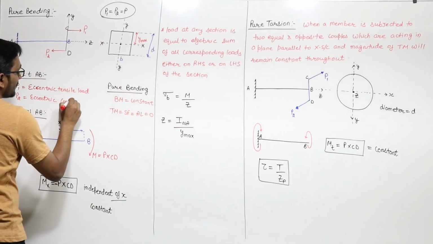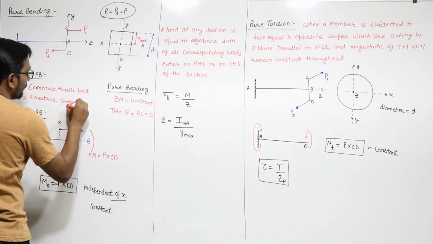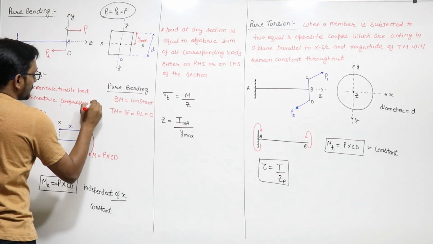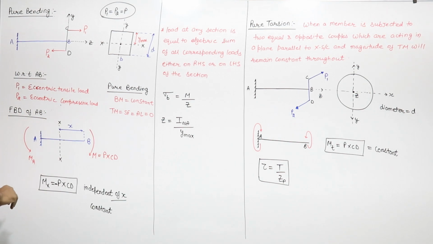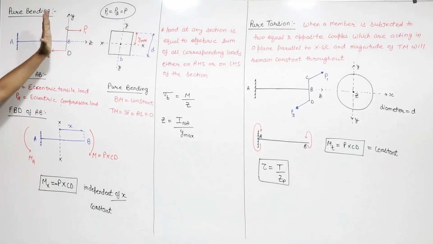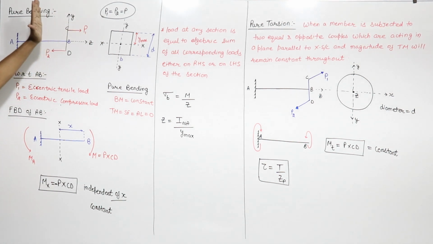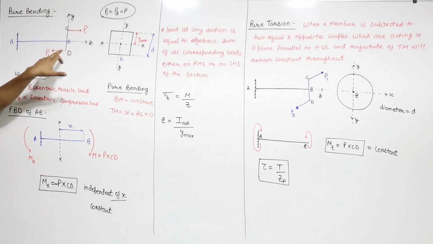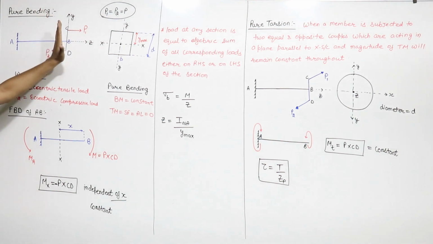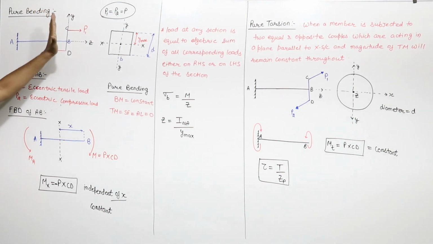So it is an eccentric compressive load with respect to AB. For your understanding, for CD, this is the longitudinal axis of CD. This load is perpendicular to the longitudinal axis and passes through it. So P1 and P2 are transverse shear loads for the member CD.